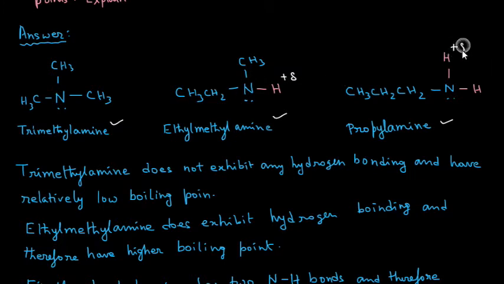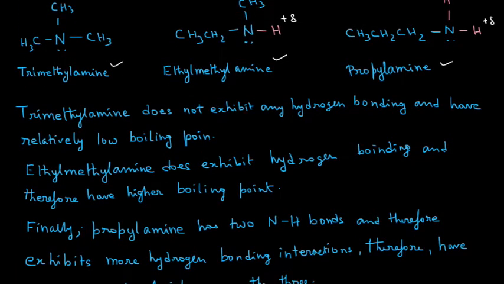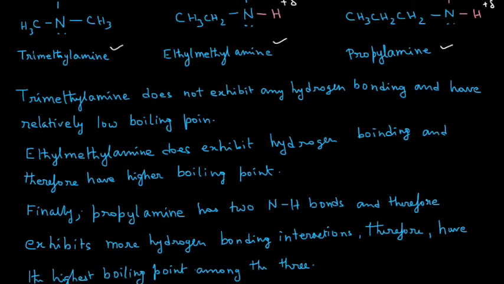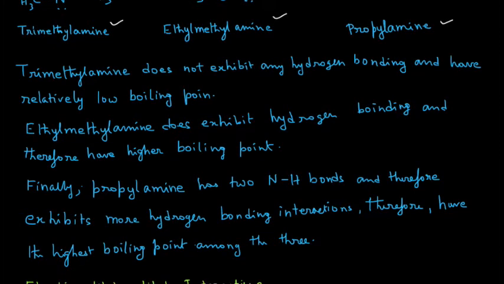So the boiling point of propylamine is the highest of these three. After propylamine, ethyl methylamine has the highest boiling point, and at last trimethylamine has the lowest boiling point.